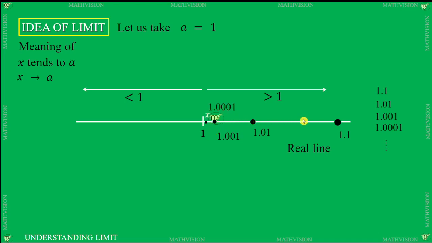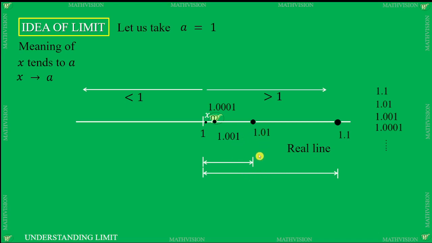Here what we see is, if we join more zeros after the decimal point, the distance of the point from the number 1 decreases. For the point 1.1, it is this much distance far from 1. Now if we adjoin one 0 after the decimal point, then the distance of the point from 1 reduces.